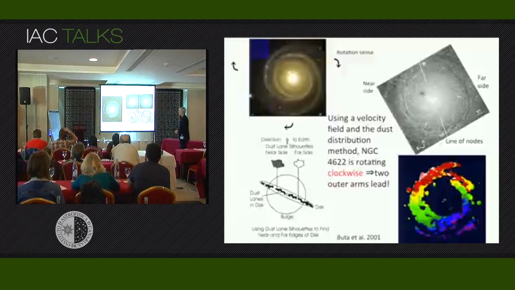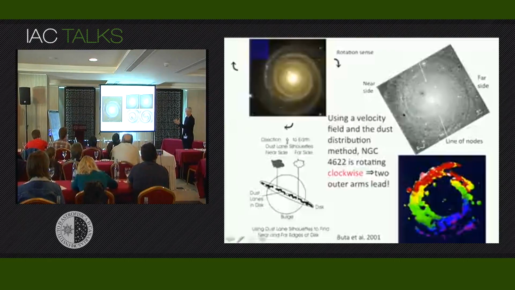Well, this is HST resolution, and it has a big bulge. And you'll notice in this color index map here, which is V minus I, you see thin dust lanes on one side of the line of nodes. And there's even a little dust lane in the middle. I don't know if you can see it, but there's a little edge-on dust lane right there in the center, but most of the dust is there.